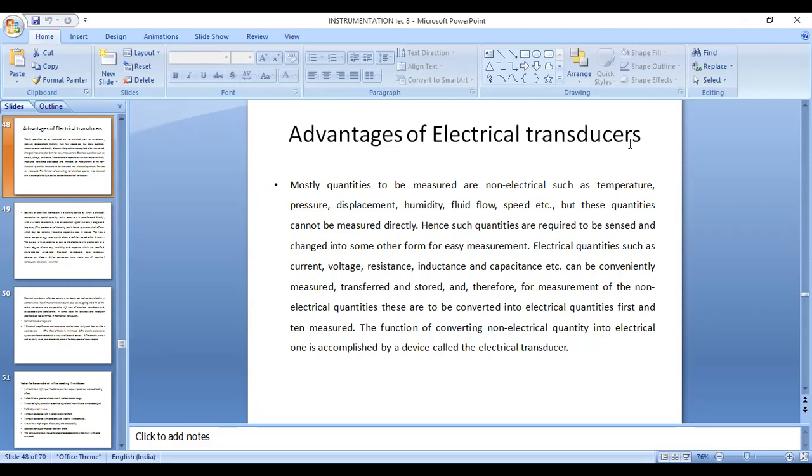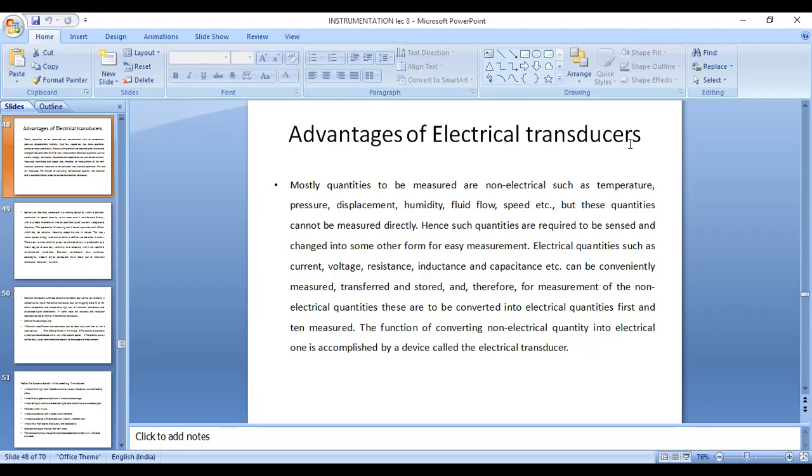Electrical signals are very easy to operate and very easy to maintain, and if I want to transfer information from one place to another, I can easily transmit voltage and current signals rather than mechanical signals like force, torque, vibration, temperature, etc.